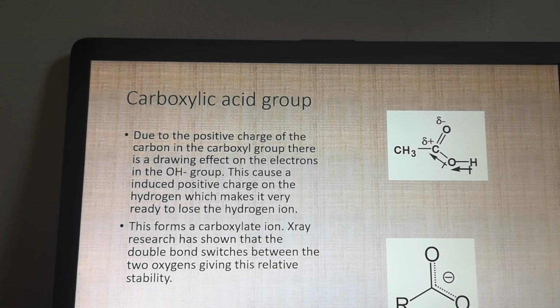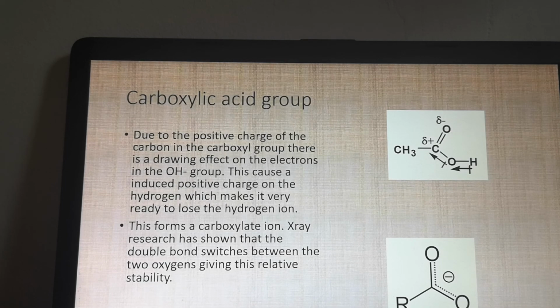But what's been shown using X-rays is that that double bond kind of flicks back and forth between the two oxygens, giving a relative stability to this new carboxylate ion, as opposed to the carboxyl group. Sorry, I think I said carboxylate group earlier, but I meant to say carboxyl group. The carboxyl group in the carboxylic acid loses a hydrogen and becomes the carboxylate ion. It's a fairly stable ion.